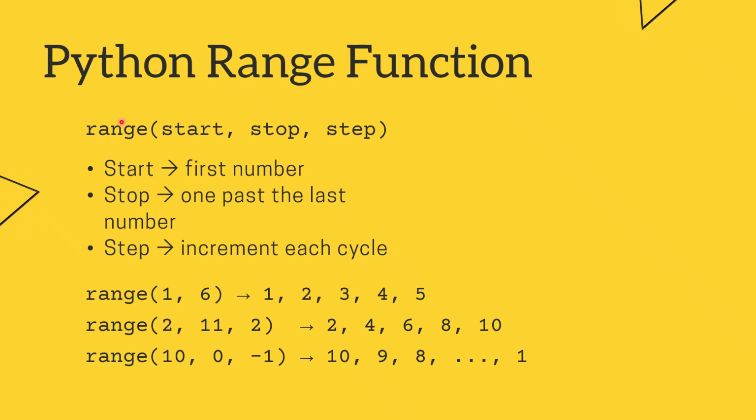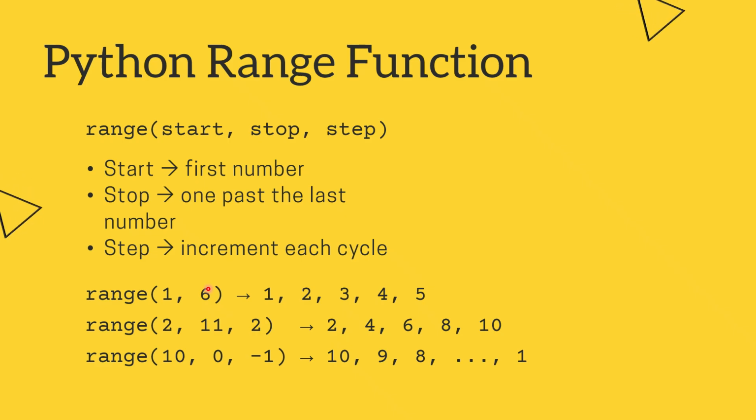Now, here's the important part. The stop value is exclusive. That means that Python will loop up to that number, but not actually include it. So that's why in the example I showed you earlier, where we were looping and printing 1 through 5, we put a 6 here, because that stop value is exclusive.